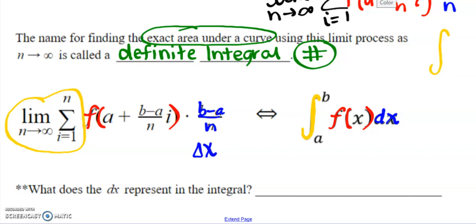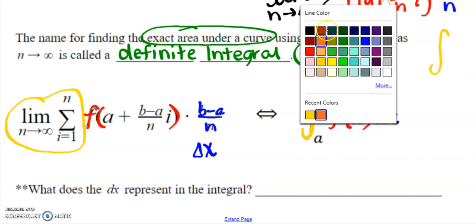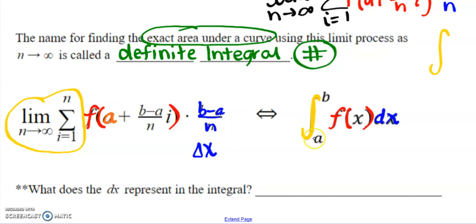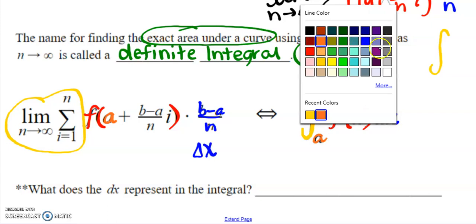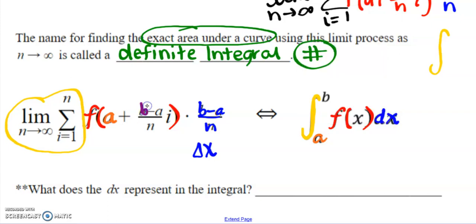So the last things here I have to deal with are this a and b. Well, a is our starting value, and b is going to be our end value. So what this integral is saying is sum up the area from a to b of f of x dx.